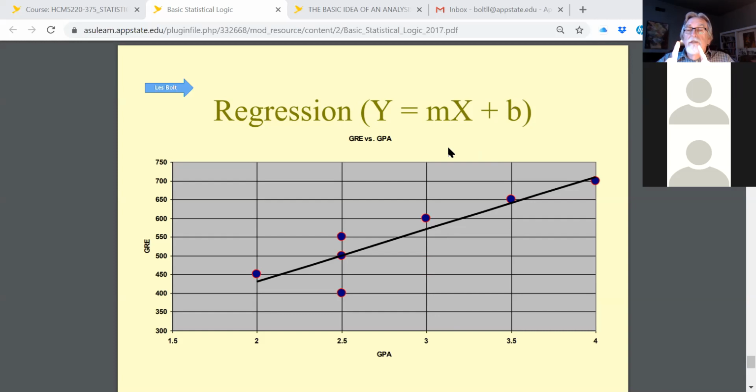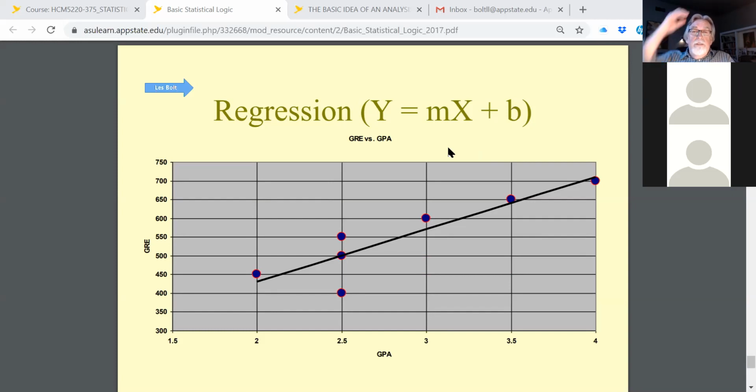If it's a positive, that means that as one value goes up, the other value trends up. If it's a negative, that means as one value goes up, the other value goes down. And you have to know the nature of the variables to be able to understand or interpret what that might mean.